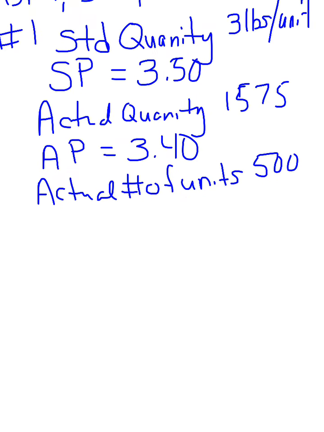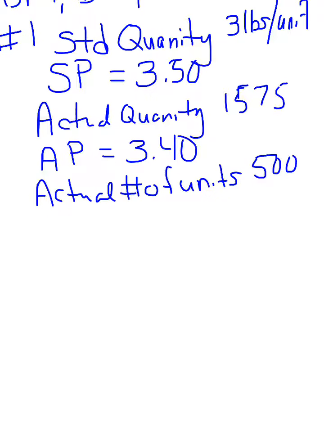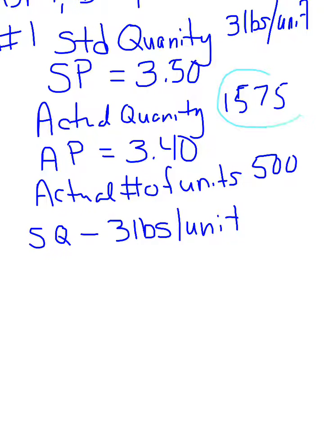When we're looking at these different amounts, the first thing that we have to do is calculate our standard quantity, because at the top it's telling us it's 3 pounds per unit. But our actual quantity is telling us that we have 1,575 pounds.